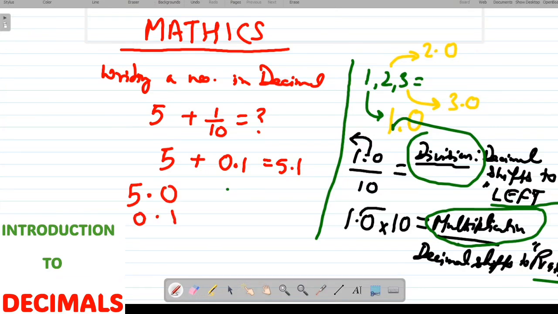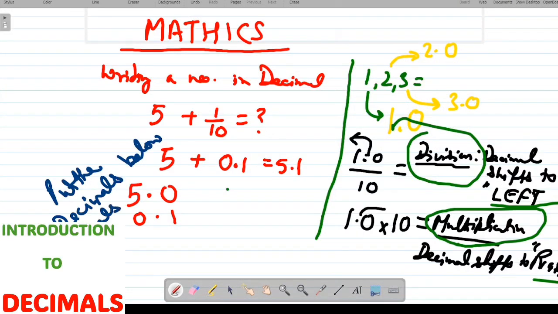Make a very clear concept that whenever we are adding or doing any arithmetical operation on decimal numbers, you need to identify where the decimal is and put decimals below decimals.